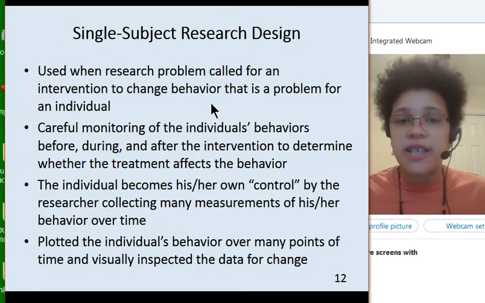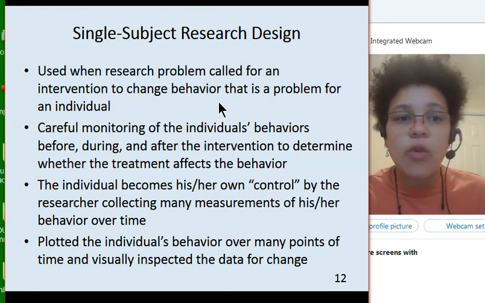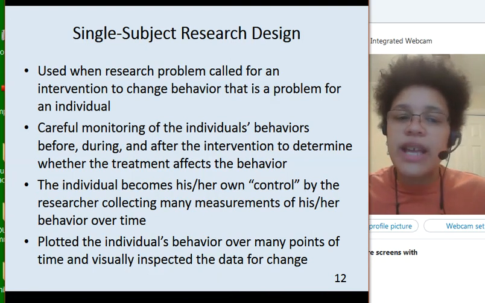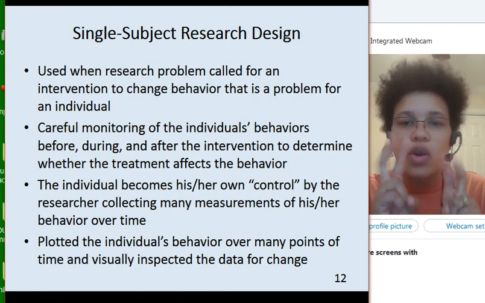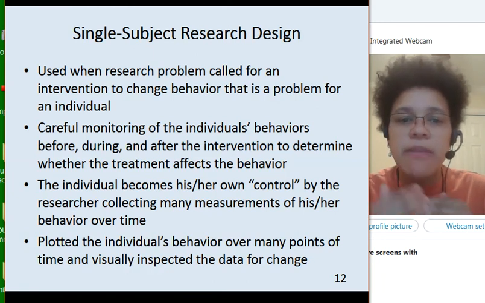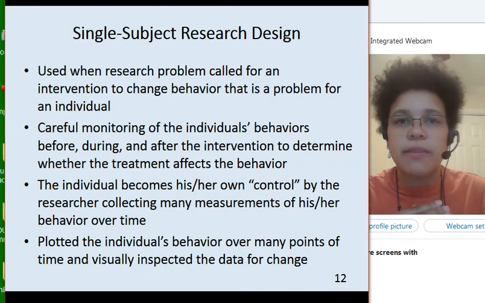Single subject research designs are used when the research problem calls for an intervention to change behavior that is a problem for an individual, and particularly when careful monitoring of the individual's behavior before, during, and after the intervention is needed in order to determine whether the treatment affects the behavior.